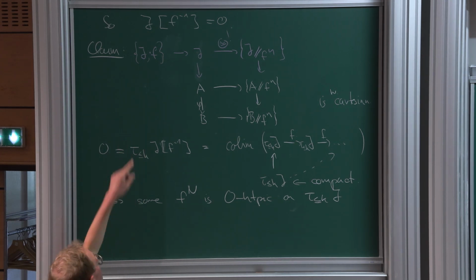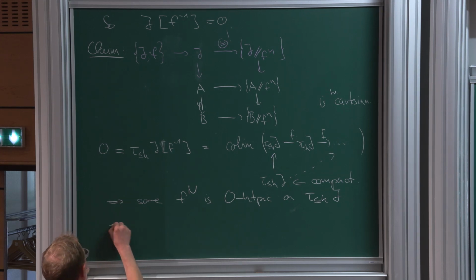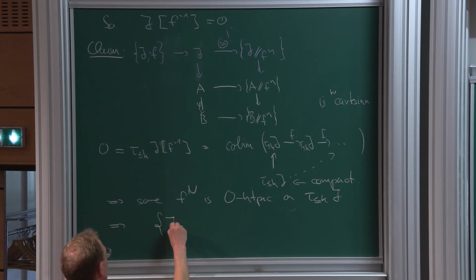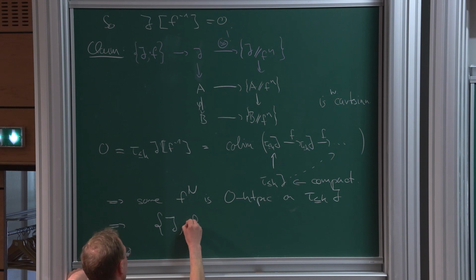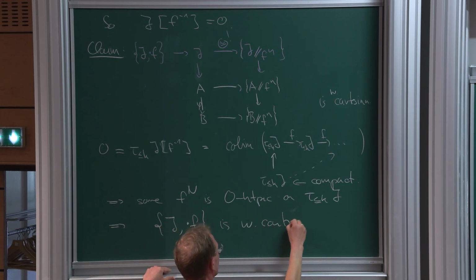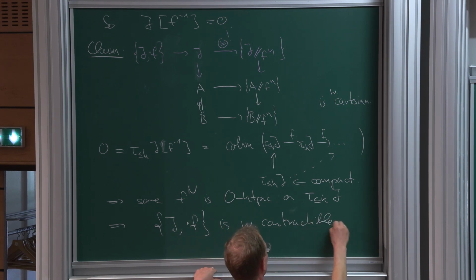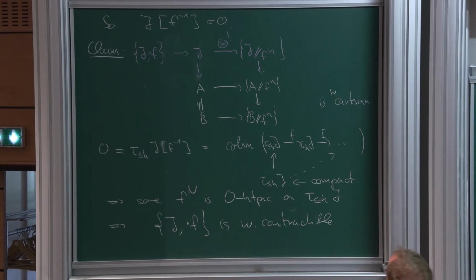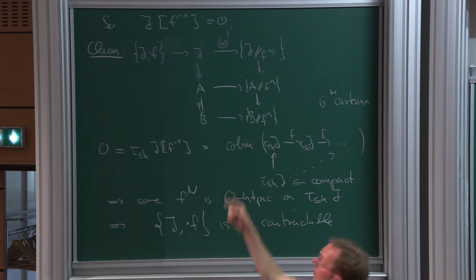This precisely means the first one is weakly contractible. So this J pro system with the F multiplication is weakly contractible. Okay. So this proves this claim that the square is weakly Cartesian. And now we have another blackboard here.